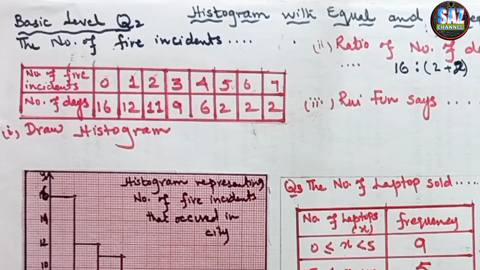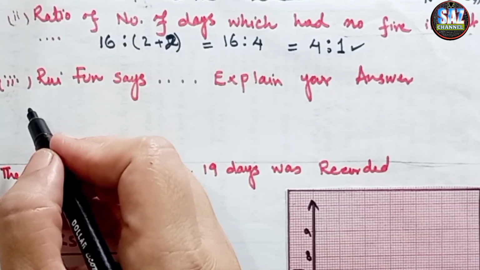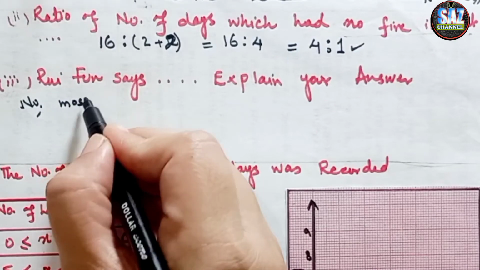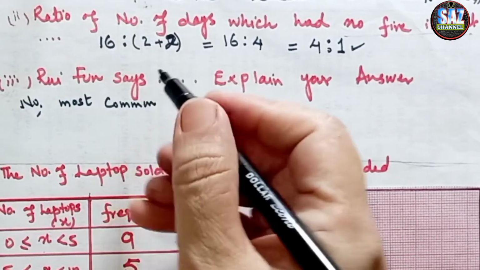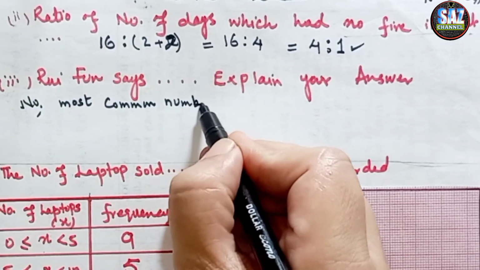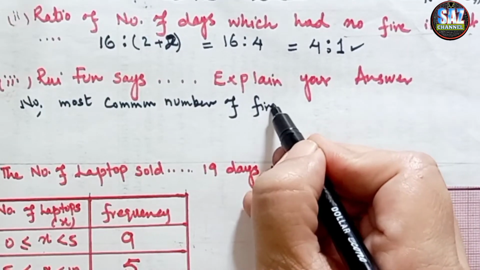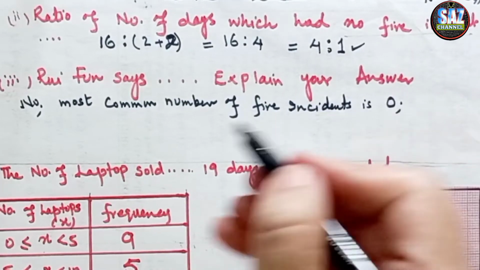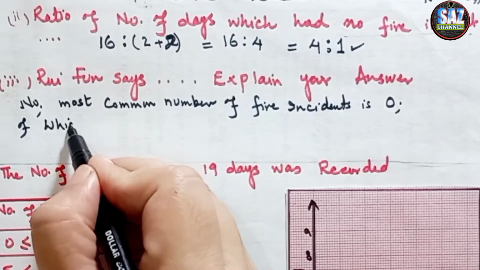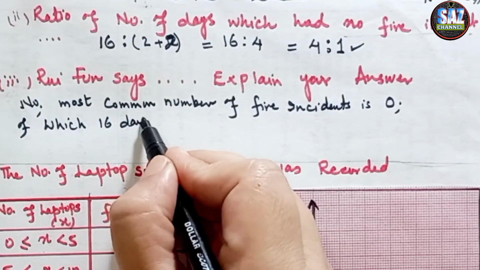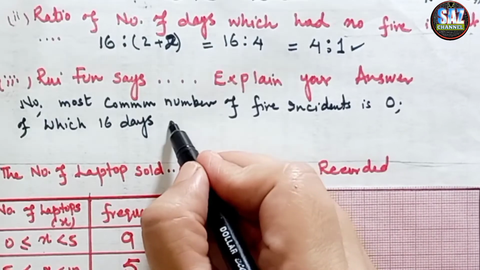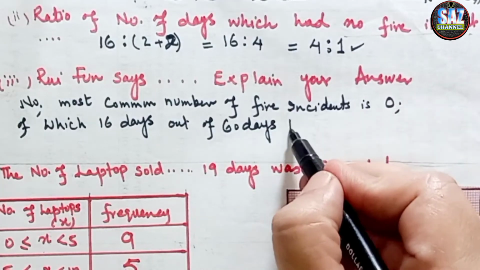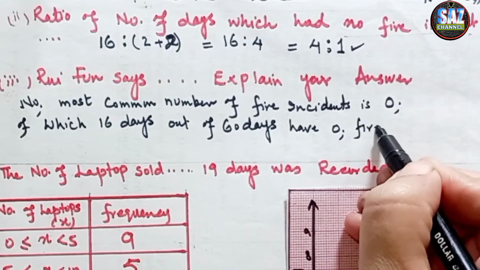The most common number of fire incidents is 0, of which 16 days out of how many days? 60. 16 days out of 60 days have 0 fire incidents.